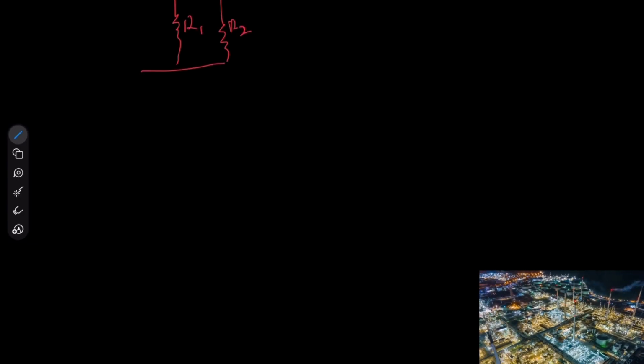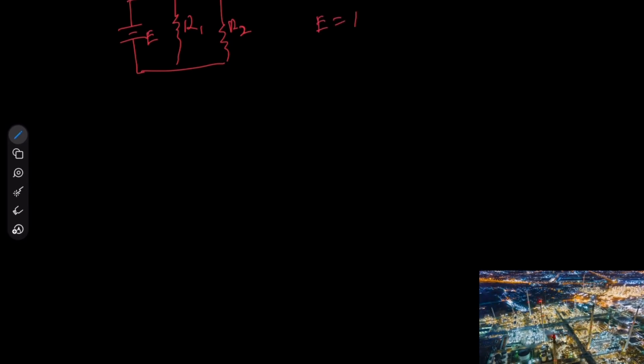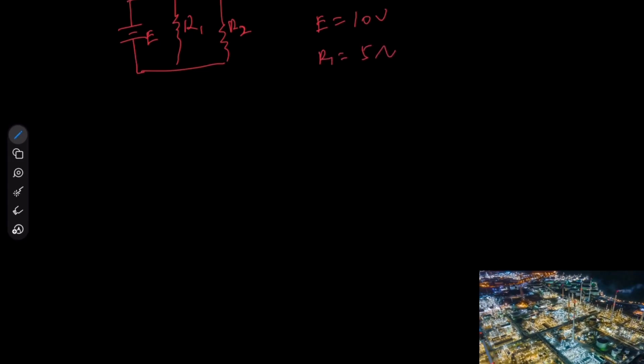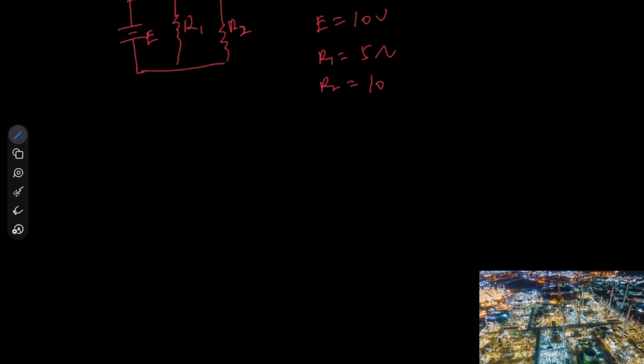Now let's look at the other circuit, something like this. R1, R2, this is the power, E. So let's say voltage E equals 10 volts, R1 equals 5 ohms, R2 equals 10 ohms.